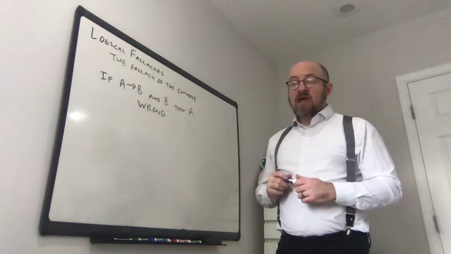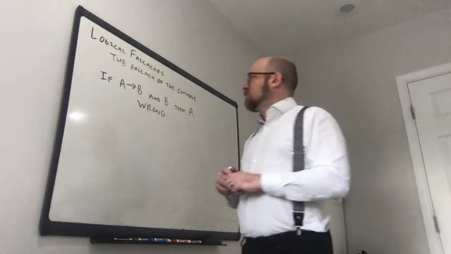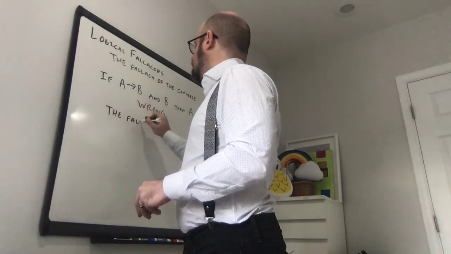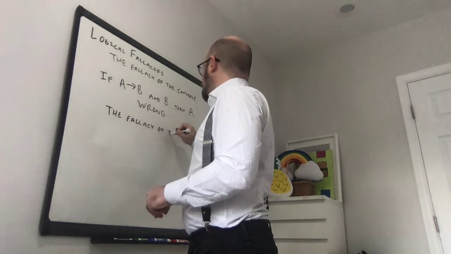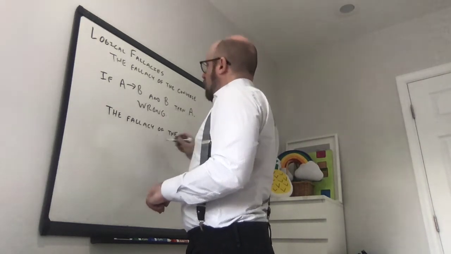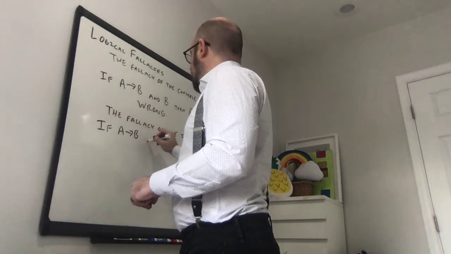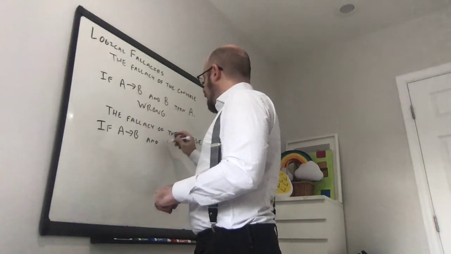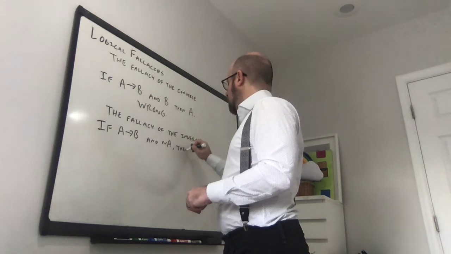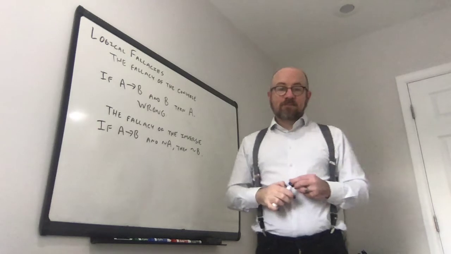Okay? The other one that we're going to be interested in, as far as kind of bad logic, is what's called the fallacy of the inverse. Okay? And this is pretty similar. If A implies B and not A, then not B. Okay?